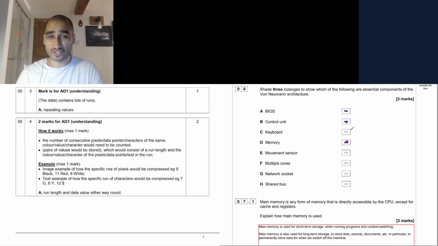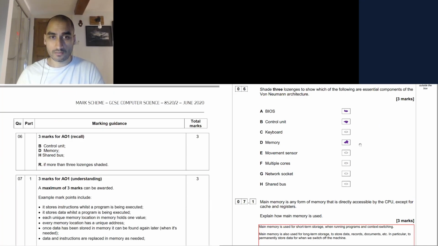Okay, BIOS control unit memory. Damn it, I had it the first time. No, I didn't. Either way, I had only 2. So, what did I say? Shared bus. Yeah, okay, I see it now.